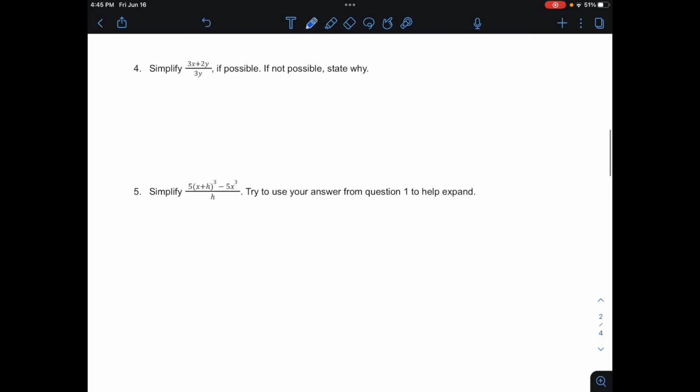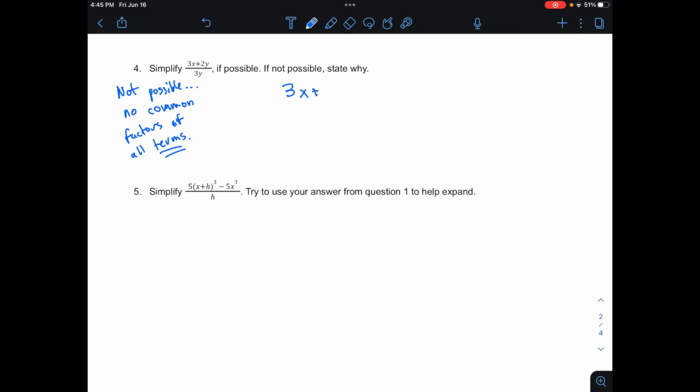Similarly, if we look at example number 4 here, simplify if possible. Again, for the same reason, not possible. No common factors of all terms. And terms are chained together by addition.